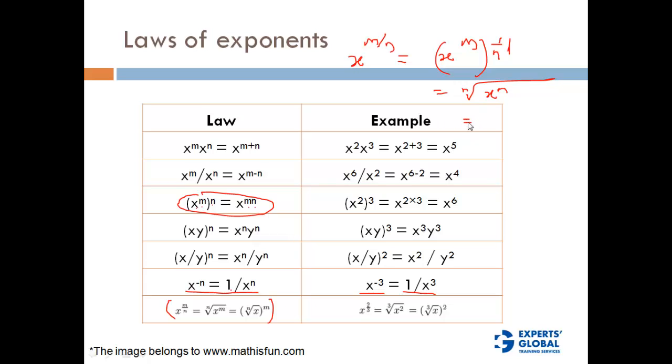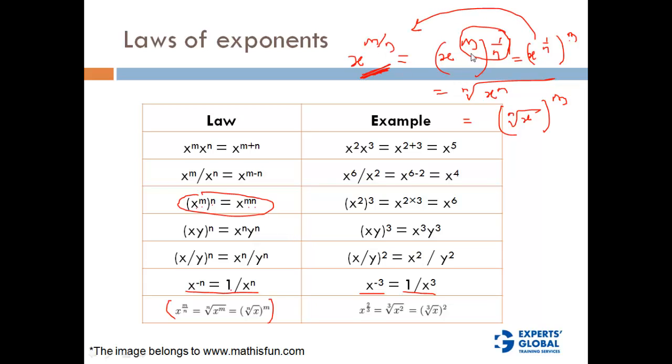which can also be written as, first you take the root and then you raise to the power, because here it doesn't matter which order we are following. We can also write it as x raised to 1 by n the whole raised to m, because ultimately both m and 1 by n will get multiplied, and what we'll get is this.